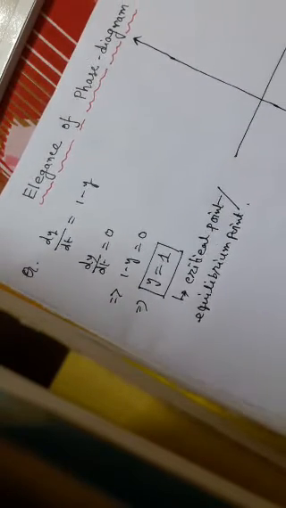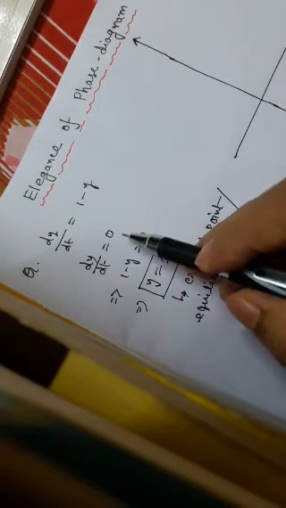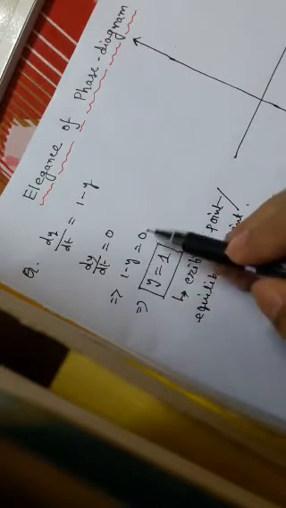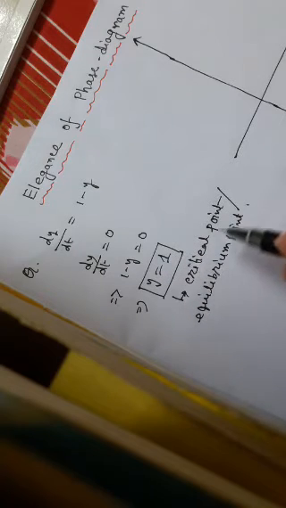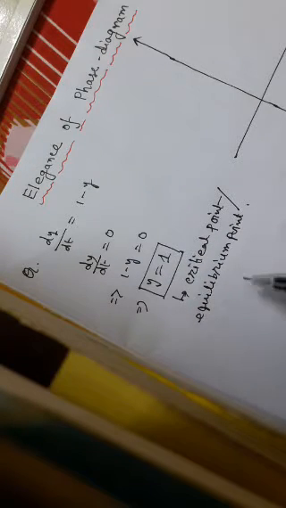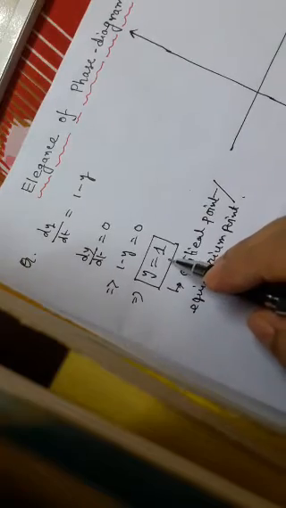So our differential equation is dy/dt is equal to 1 minus y. So by equating dy/dt to 0, we are getting 1 minus y is equal to 0, y is equal to 1. This is called equilibrium point, critical point, or this leads to steady state solution. So y is equal to 1.